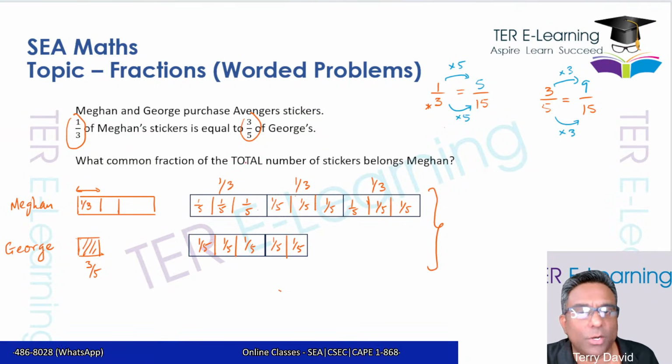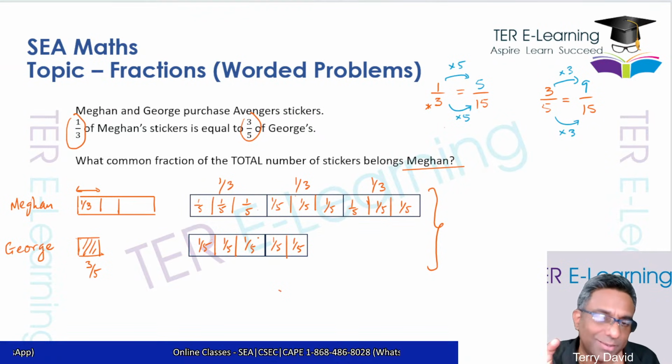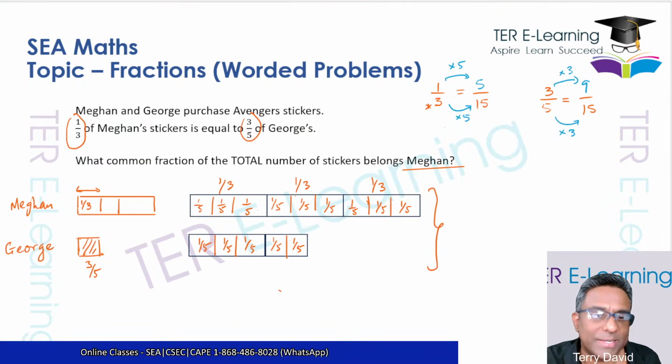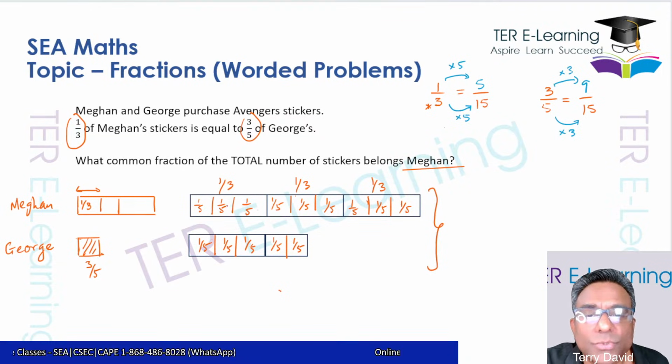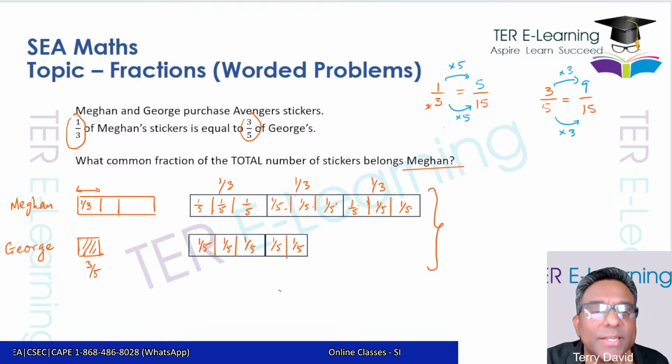Now, if you want to work out what fraction belongs to Megan, as I've drawn it here, every block represents the same fraction. In this case, we have a total of 1, 2, 3, 4, 5 at the bottom, 6, 7, 8, 9, 10, 11, 12, 13, and then 1, 2, 3, that's 9, 1, 2, 3, 4, 5, 6, 7, 8, 9, 10, 11, 12, 13, 14.